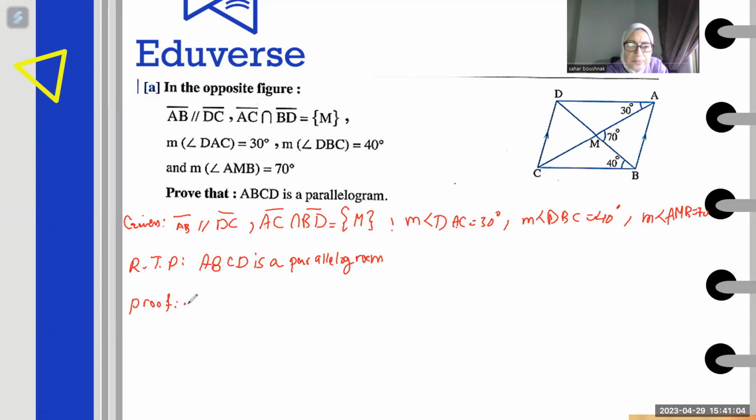Since the measurement of angle CMB equals 180 degrees minus 70 degrees, I will get 110 degrees. So this one is 110.